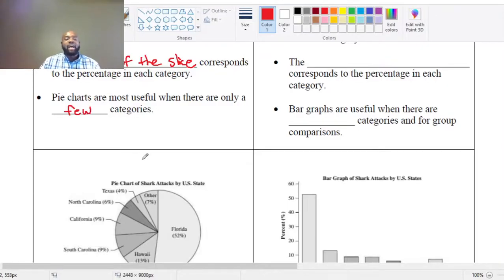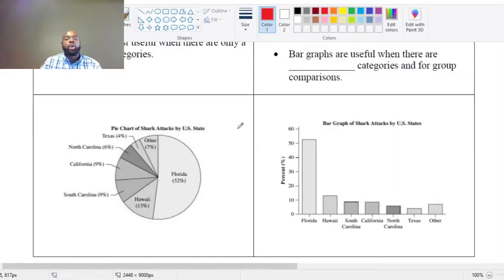And so I see an example below. This is a pie chart of shark attacks in the US by US state. And we have Florida, Hawaii, South Carolina, California, North Carolina, Texas, and other states, right? Remember, there's only going to be shark attacks reported by coastal states. And so we see these all are coastal states, and then there's a category for other here.